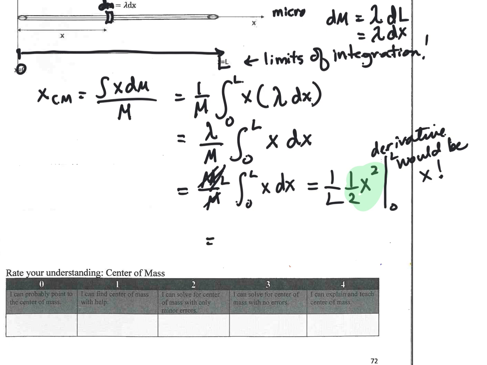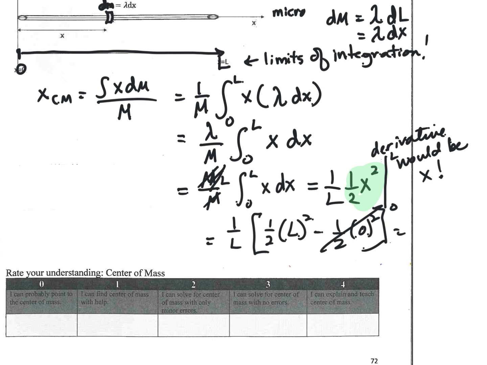So we have 1 over L. I don't know why I keep writing 4; this is the second time I've done that today. 1 over L, and we're going to plug in from 0 to L. So that would be 1/2 L squared minus 1/2 0 squared, which of course is going to go away.